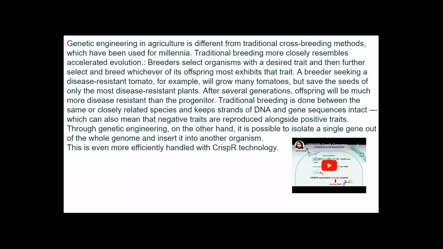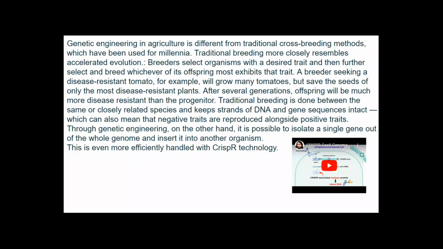So they're similar to each other. Breeders select organisms with a desired trait, and then further select and breed whichever of its offspring fits that trait. It's a bit like natural selection, where organisms with the trait most likely to survive are more likely to leave offspring. With artificial selection, it's even more so.